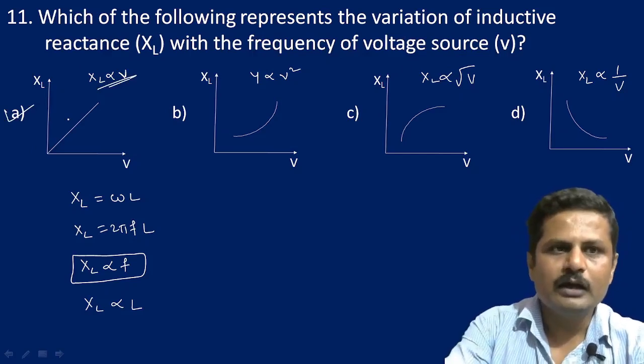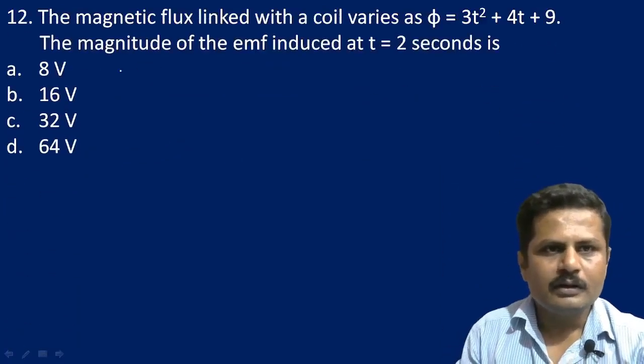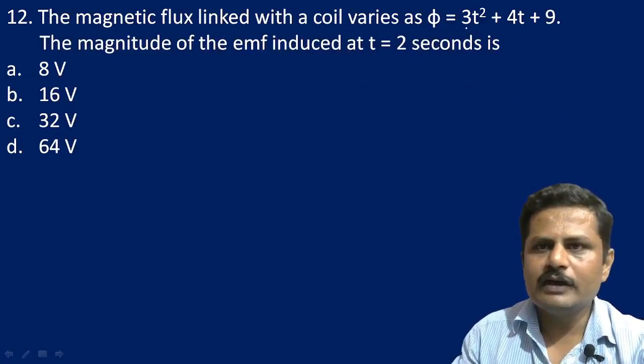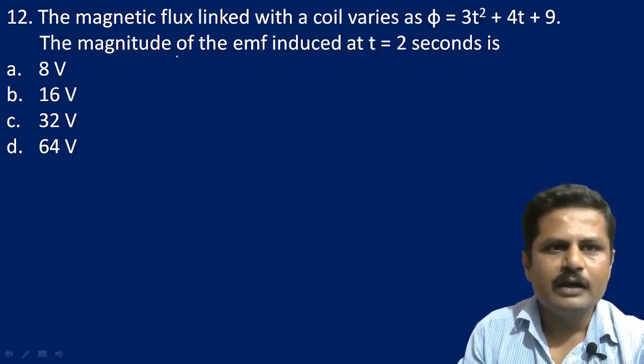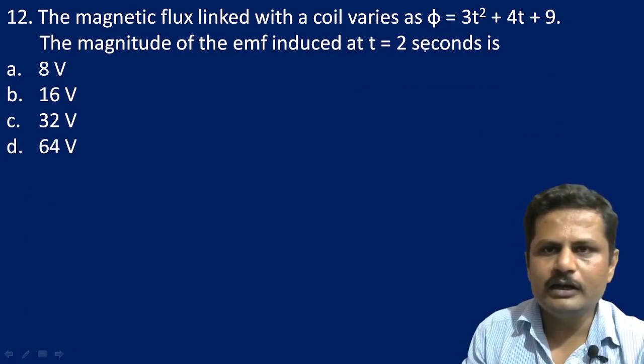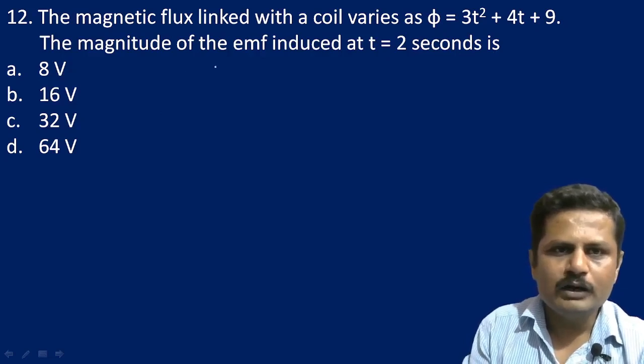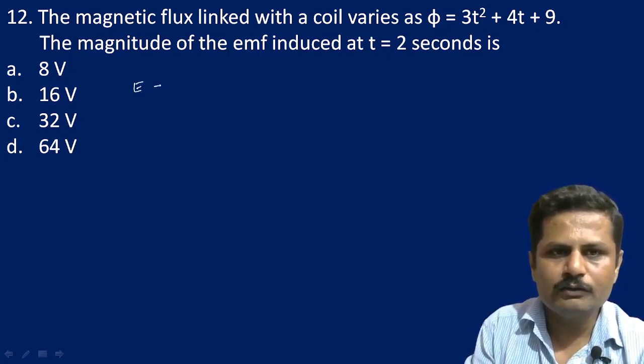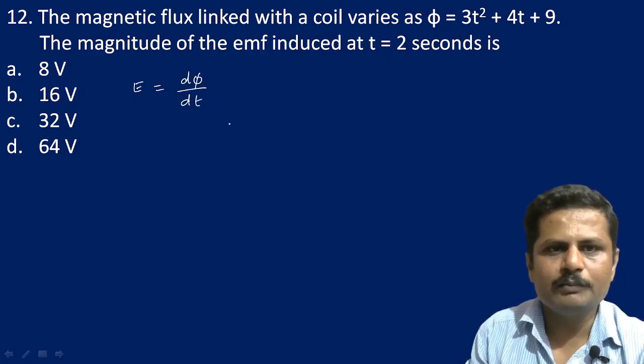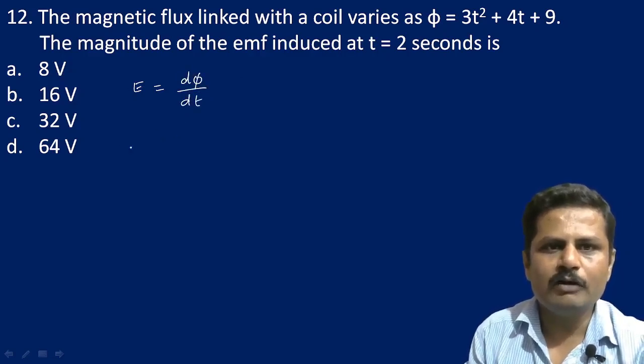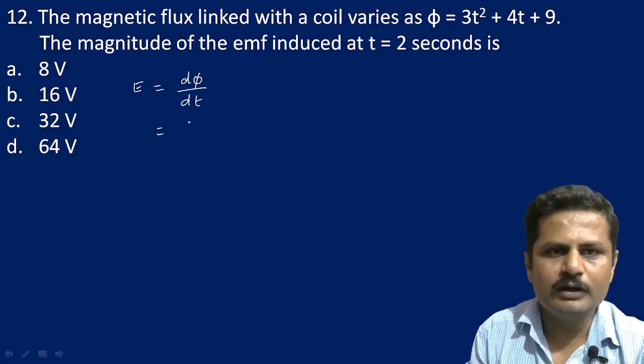Moving to the next question, that is, the magnetic flux linked with the coil varies as psi equals 3t square plus 4t plus 9. The magnitude of the EMF induced at t equals 2 seconds is, we know that the magnitude of induced EMF from Faraday's law, we can write E equals d psi by dt, that is the rate of change of magnetic flux, gives us the magnitude of induced EMF. So this is equal to d divided by dt of 3t square plus 4t plus 9.